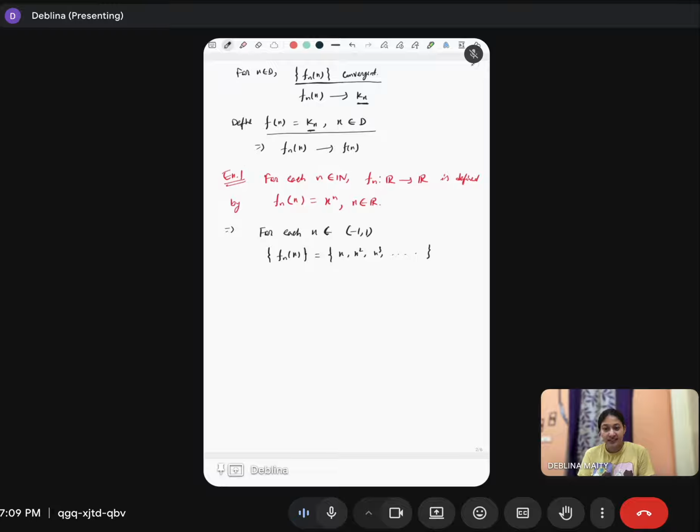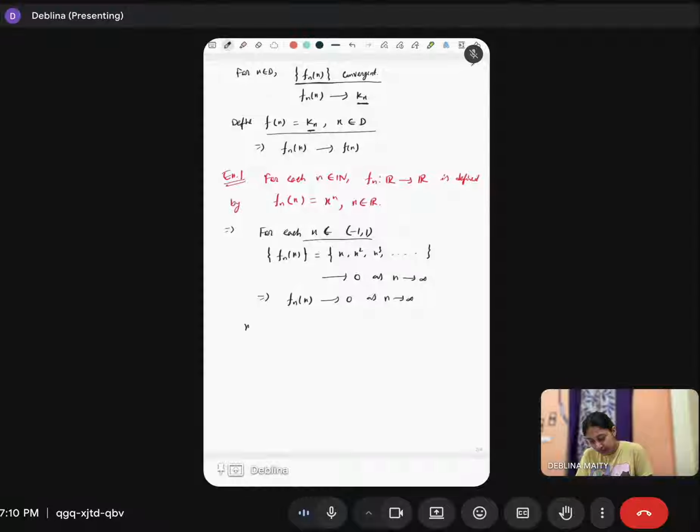Now since |x| is less than 1, this sequence goes to 0 as n tends to infinity. So for each x, it is going to be 0. So what is the pointwise limit? It is the 0 function, right? Okay, it is for this open interval -1 to 1.